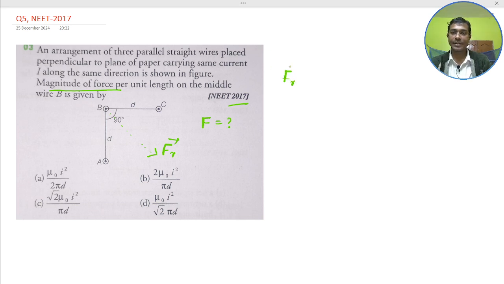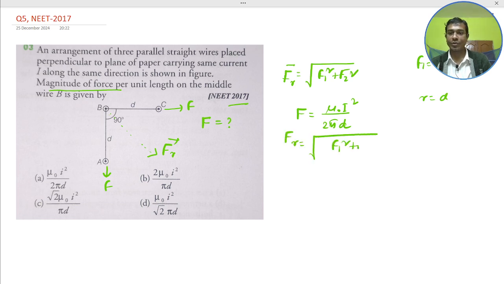So F resultant is equal to root over F1 square plus F2 square, where F1 and F2 are both F. For a straight wire, F is mu naught I square by 2 pi R, here R means D. So F1 and F2 are the same force F, angle theta, so root 2 F. Just put this value: root 2 F means mu naught I square by 2 pi R, and R means D.